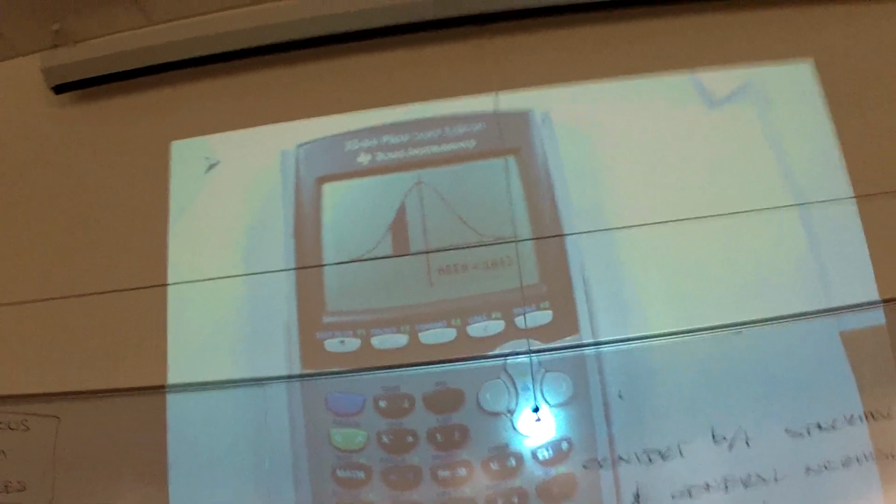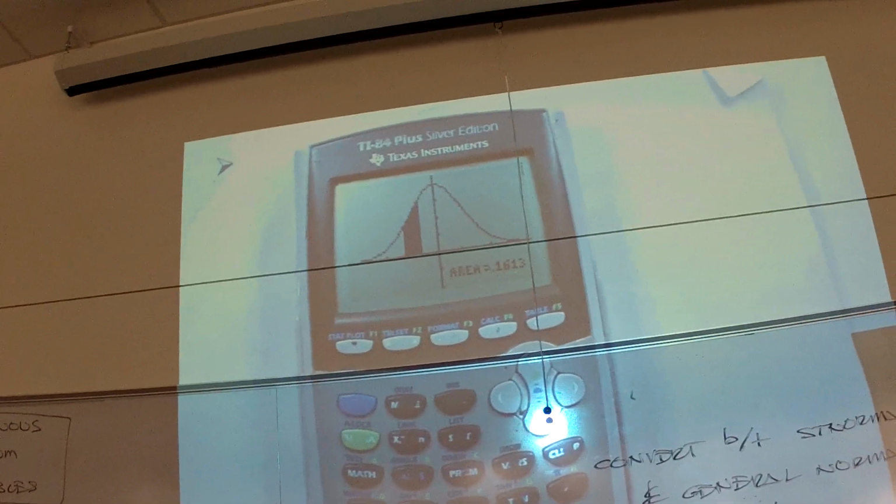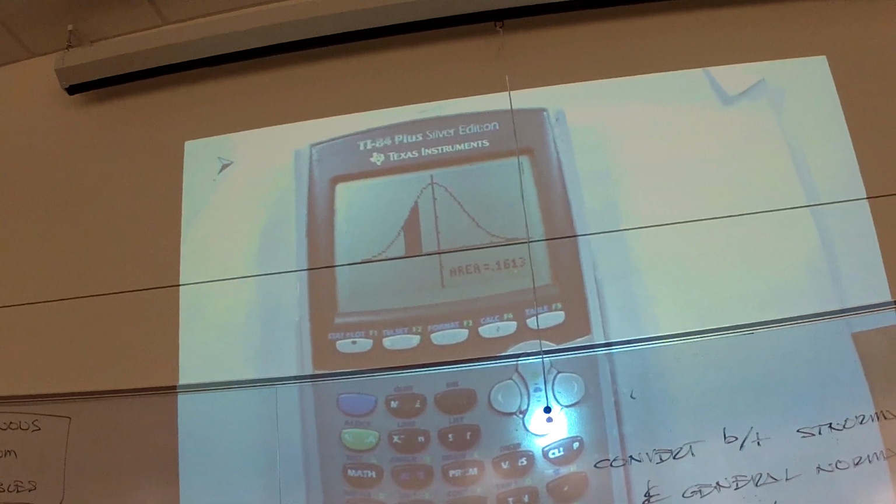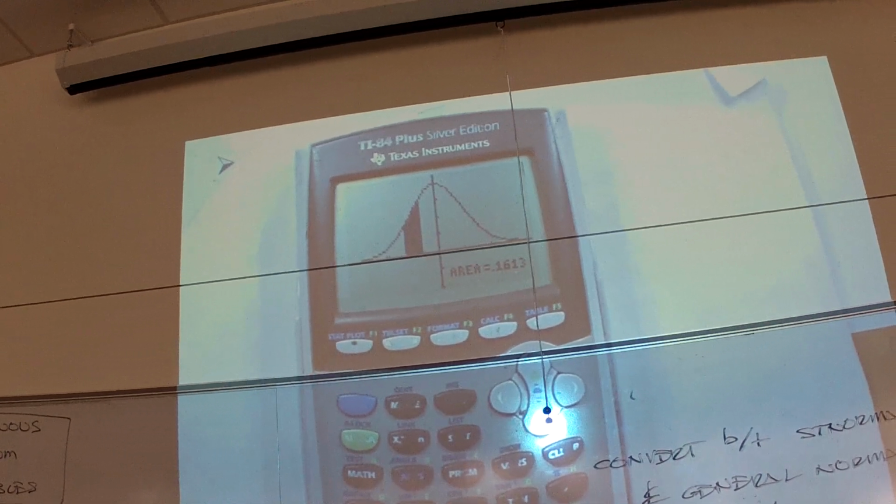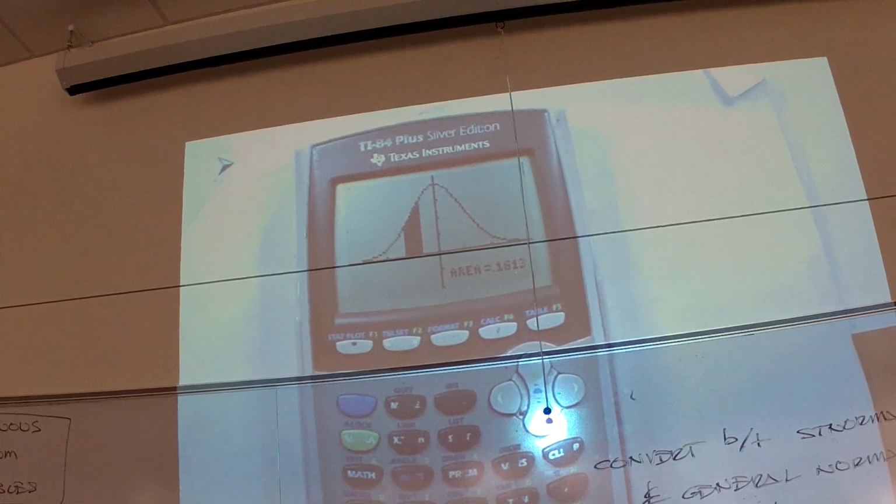There we go. So, how many dull normal folks are out there? Give me a percentage. 16%. There are 16% of folks out there that have an IQ between 80 and 90. Which means there are also 16% of people out there that have an IQ between what and what?